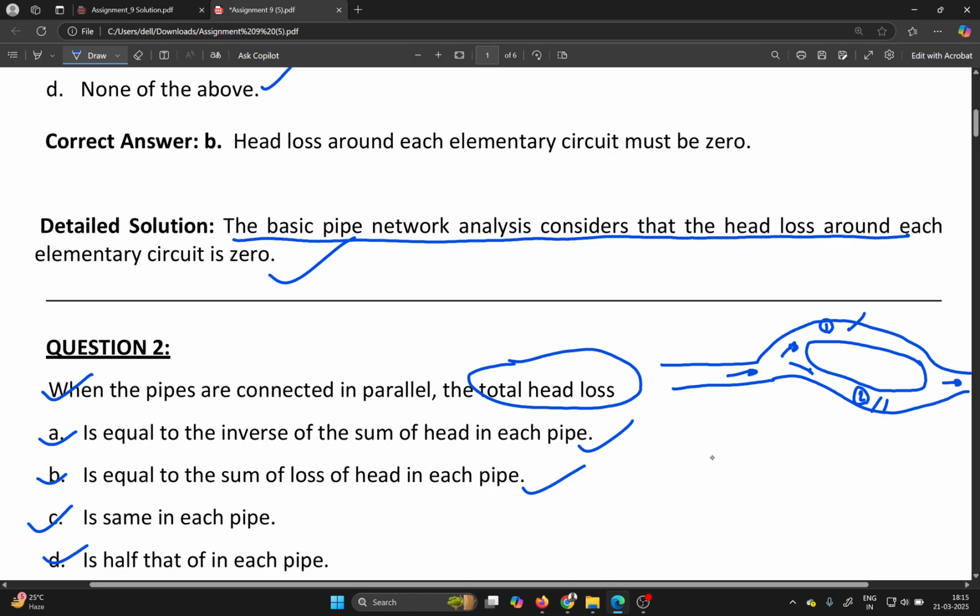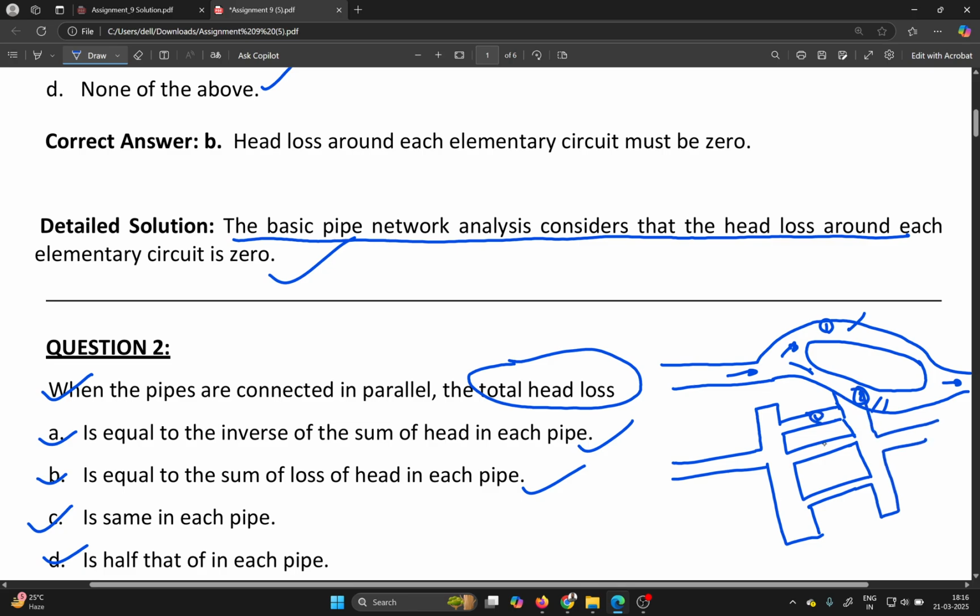Or you can think like that also. Then it joined at a particular pipe. Then it go like that.